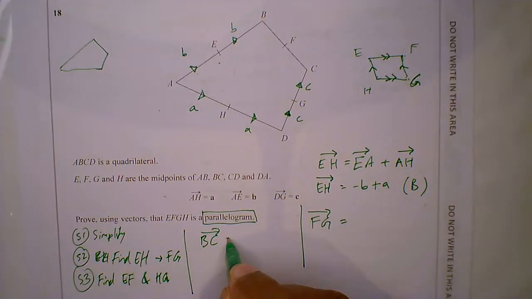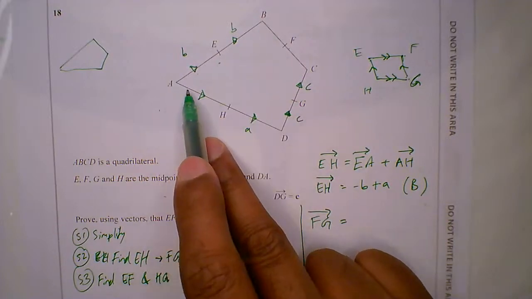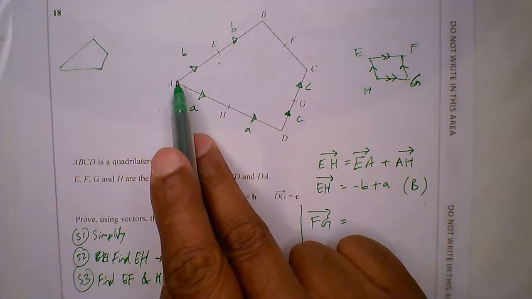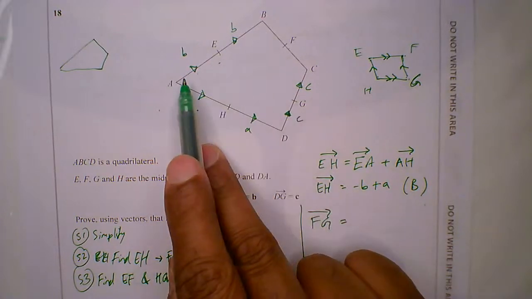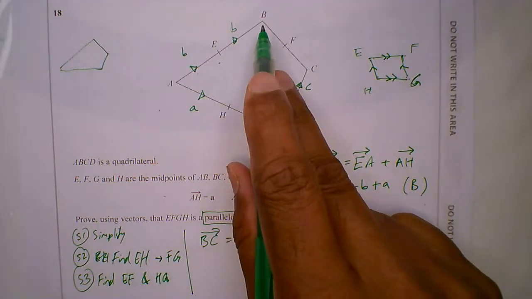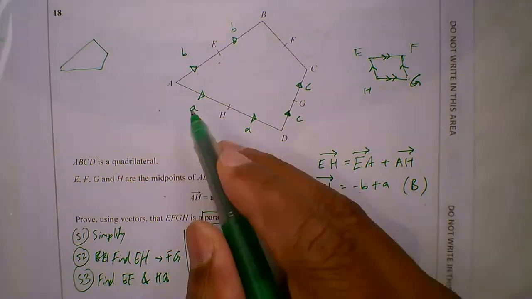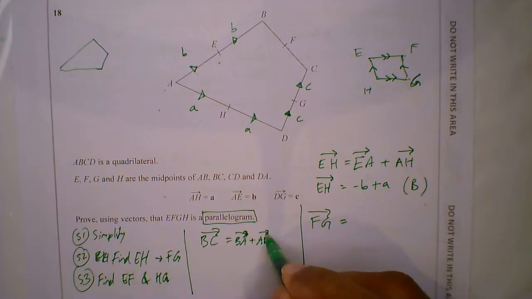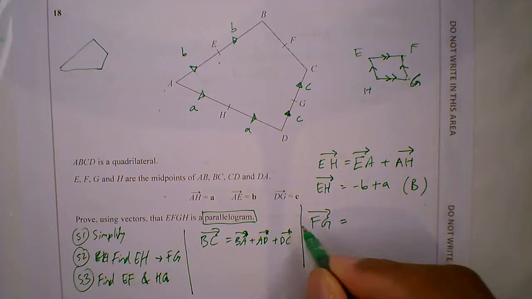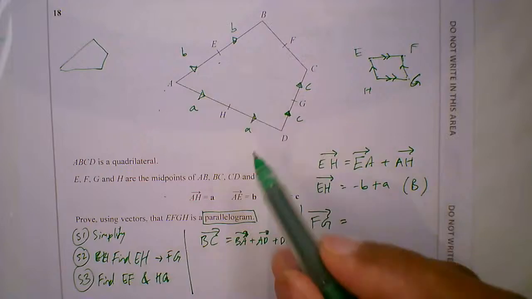B to C. There's no direct path here, so I have to follow these arrows. That's what vectors are: to go in reverse, I follow the arrows in reverse order. So this is B to A, then A to D, and then D to C. B to A is b and b, so that's minus 2b.